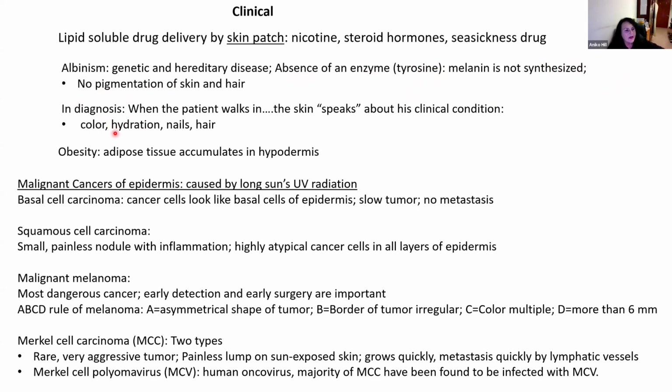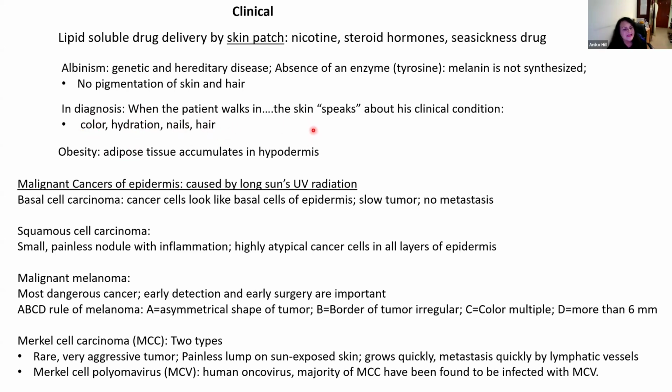Another one is very important: whenever a patient is going to walk into the clinic, immediately you could see that the skin is healthy colored, healthy texture, healthy look, or you can see the color is blue or yellow or pink, or whether the person is hydrated or not hydrated, the nails are breaking or not breaking, the hair is healthy.